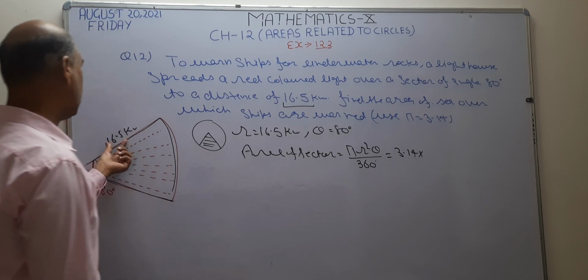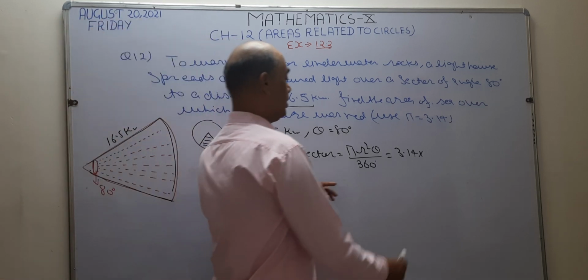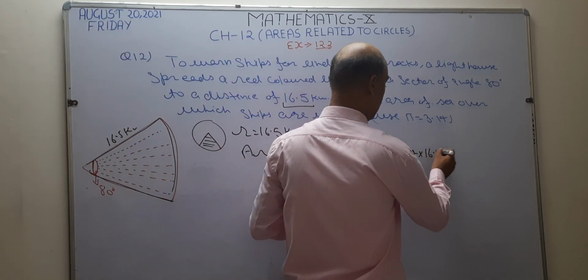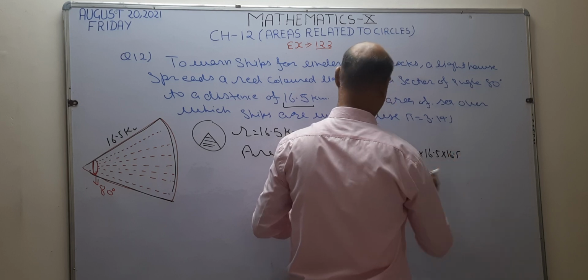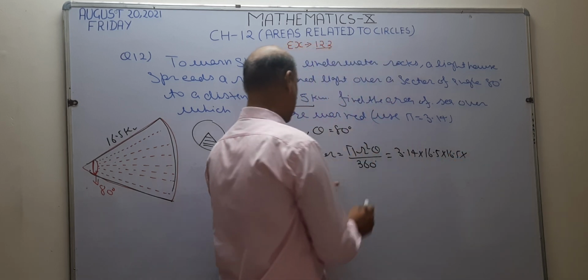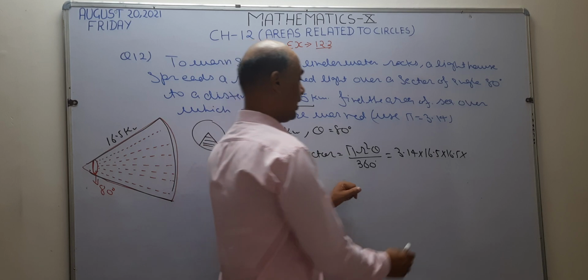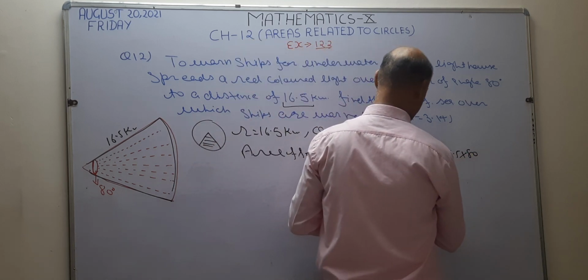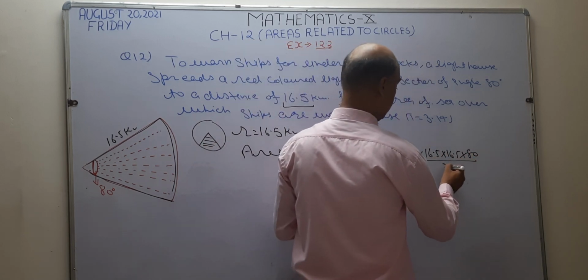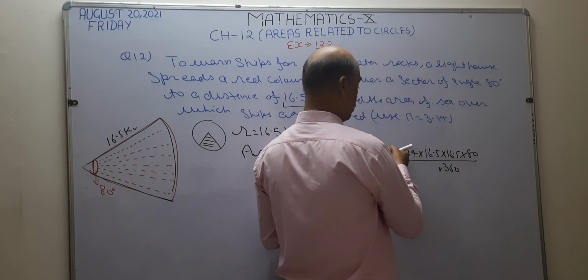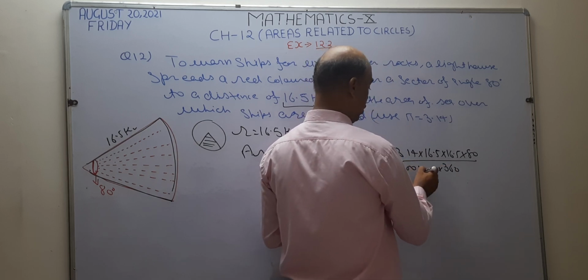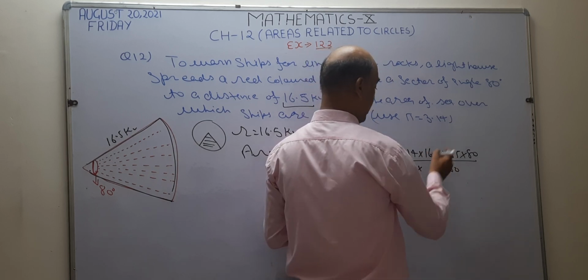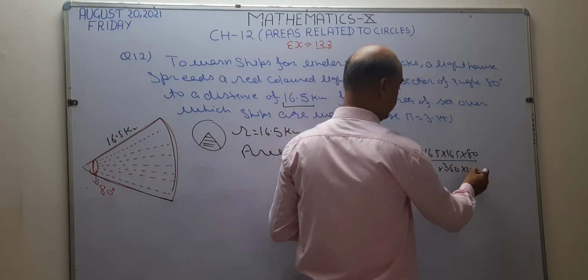r is 16.5 kilometer, so right here 16.5 and 16.5. After that theta is given, 80 degree, and after that 360 is there. I want to remove this point, so for this point I want to take 100 in the denominator. For removing these 2 points I want to write 10 into 10.